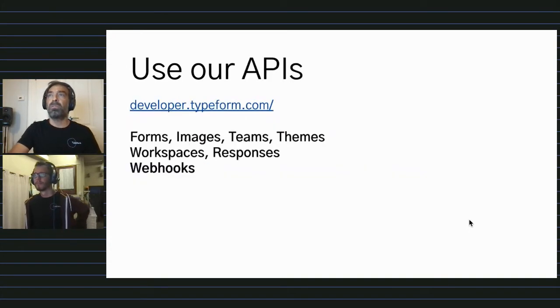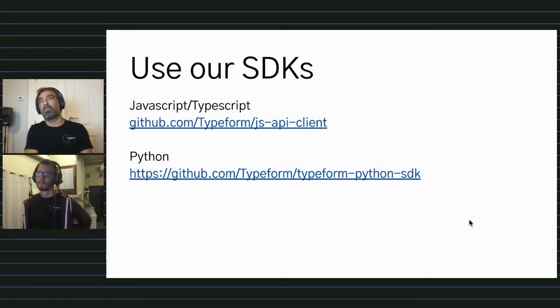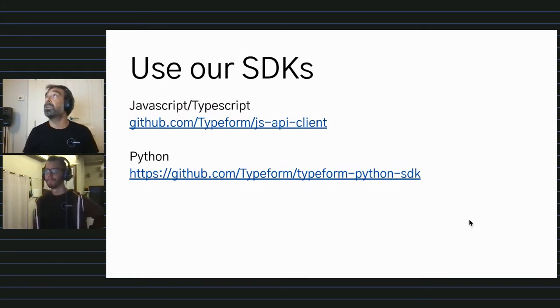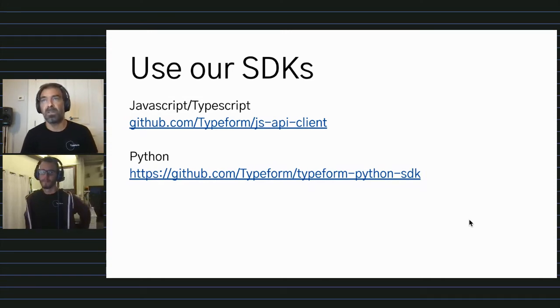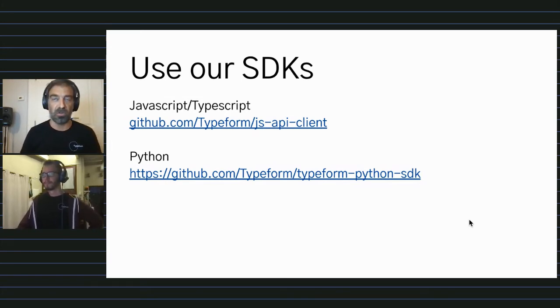We also have a few SDKs, because APIs are quite hard to use, but with the SDKs, you can leverage all those APIs and use them in an easier way. We have our JS API client for JavaScript or TypeScript that you can use to get to most of these APIs, and you also have a newer Python wrapper for these APIs.